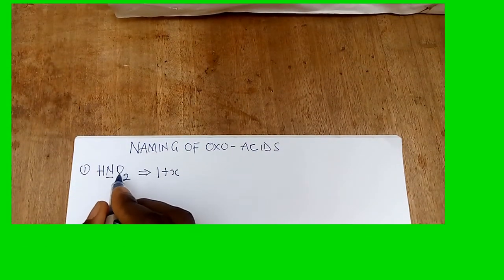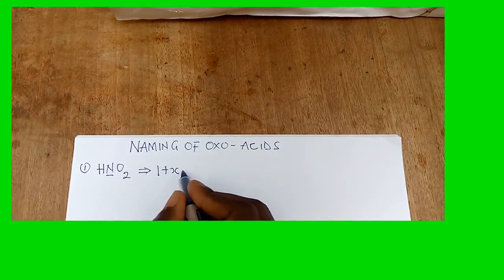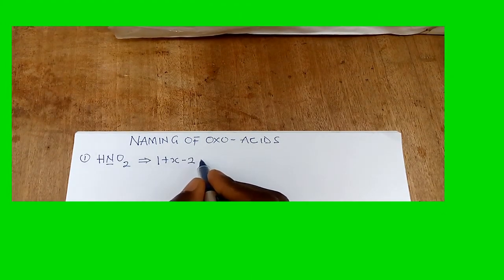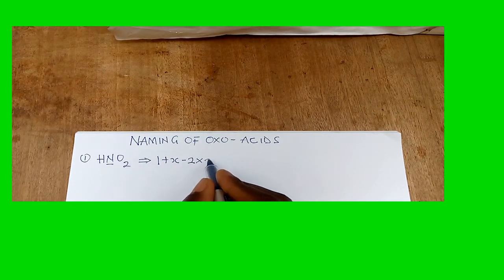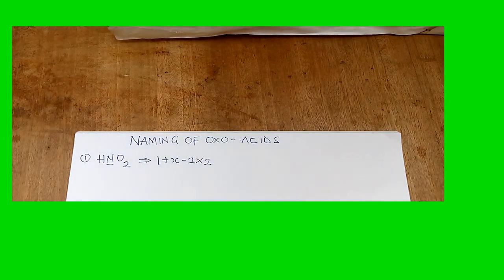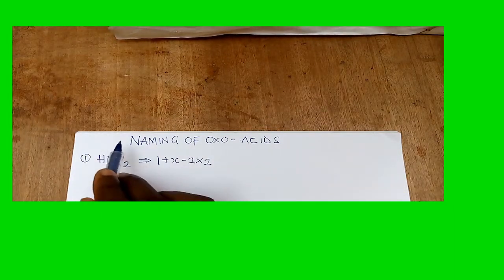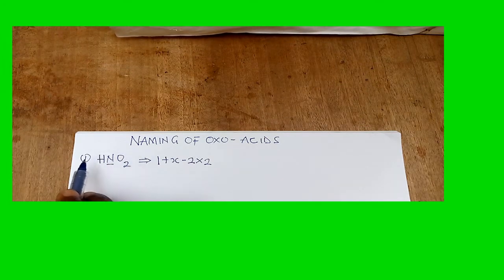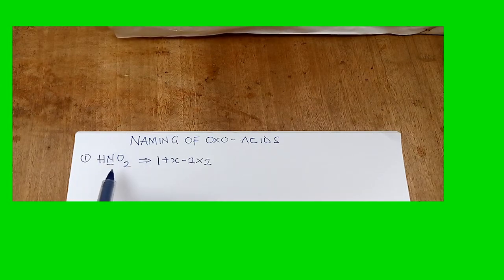And because oxygen has a fixed oxidation number of -2, we write -2 here and multiply by the subscript 2, so times 2. Because this compound does not have any charge, the total oxidation number of this compound is 0.